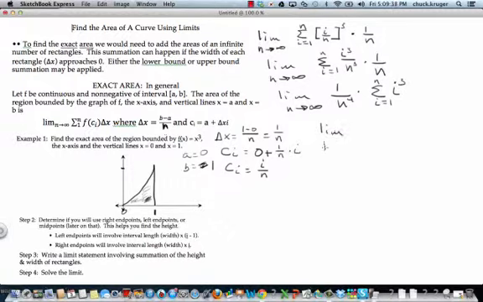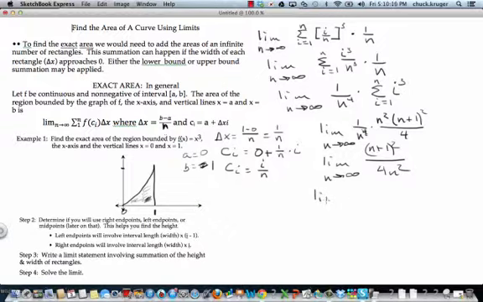So I'm going to take the limit as n approaches infinity of 1 over n to the fourth times n squared times n plus 1 squared over 4. That gives me the limit as n approaches infinity of n plus 1, that quantity squared, over 4n squared.